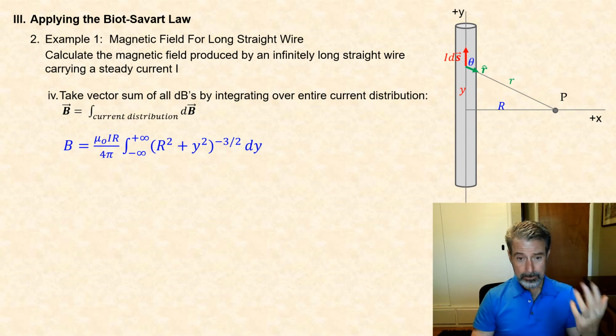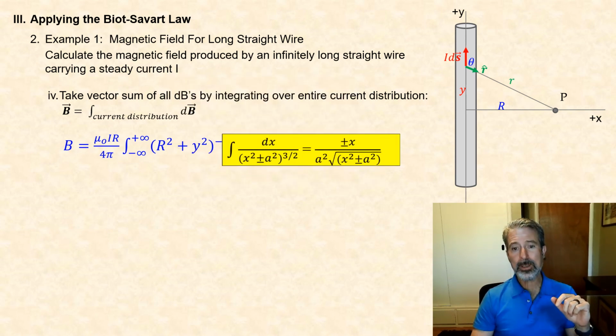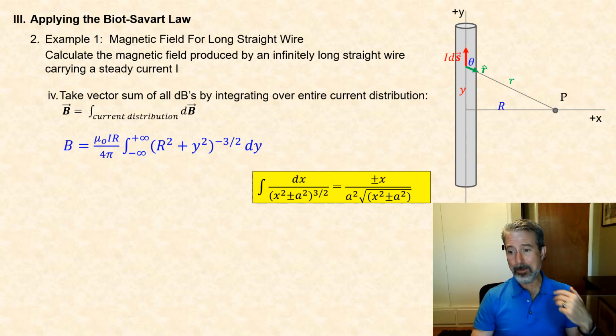In order to evaluate this integral, this is not a simple polynomial integral in the form of u to the n du. This is one where using a table of integrals or the internet would be a good idea. This is one of those special cases.